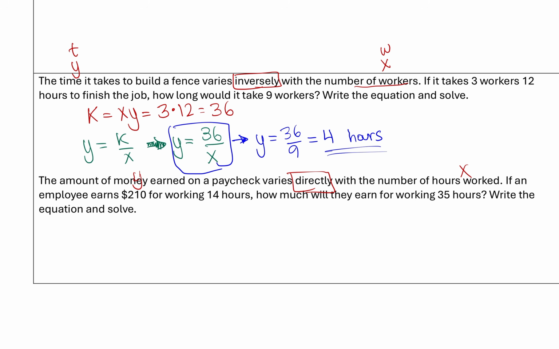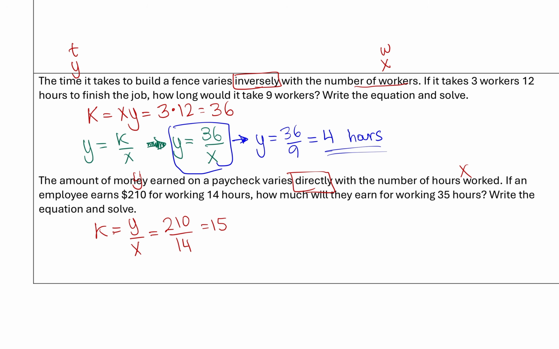So from there, we know that if it says varies directly, the constant of proportionality is obtained by having k equals y over x, just like this. So for this one, we have the money earned, $210 divided by 14, which is the number of hours. If we type that into our calculator, 210 divided by 14 leaves us with 15 for the constant of proportionality.